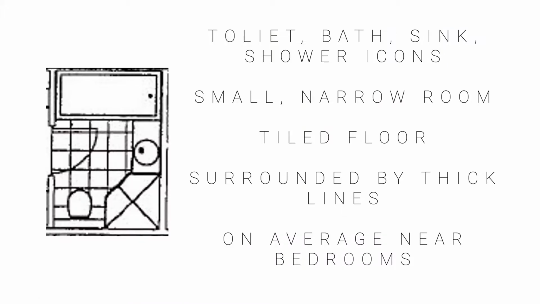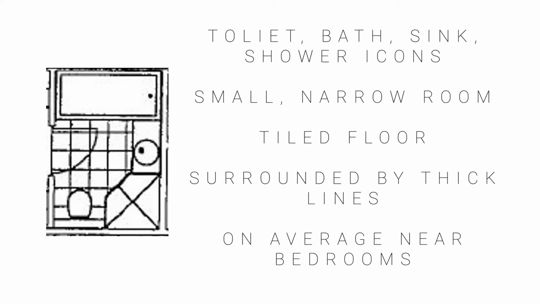So therefore, let us understand through this single image of a bathroom what the convolutional neural network may be seeing. Well, firstly, it could be seeing these icons of toilets, a bath, a sink, a shower, and it could be saying, okay, so this space here is a bathroom, and then it's further validating itself by seeing that it's a small room, it's narrow, it has a tiled floor pattern, and it is surrounded by thick lines.